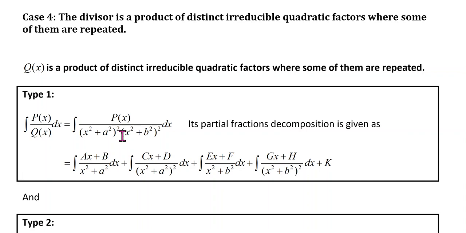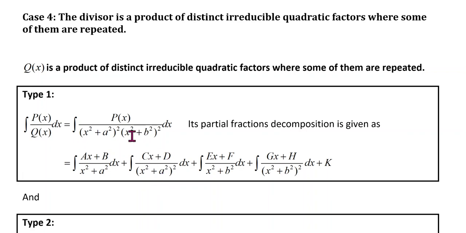The partial fraction decomposition for this case is that you take x squared plus a squared, and in the numerator you put Ax plus B, plus the second term, which is the quantity x squared plus a squared, all squared, and then you continue with the alphabet, Cx plus D, as a numerator.